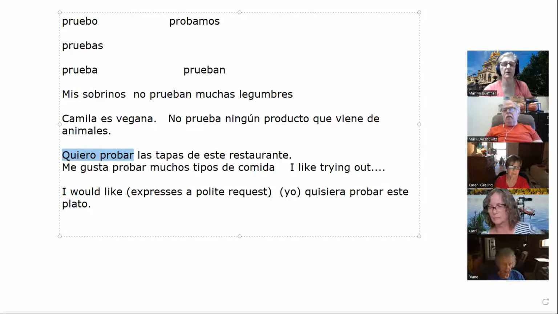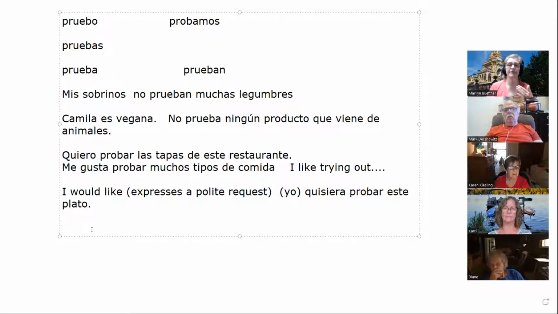Quiero probar just means what I want to do, right? Me gusta probar means I like doing this as a general rule, right? Quisiera probar means I would like to do this because it's a polite request. Okay, it's a polite request.